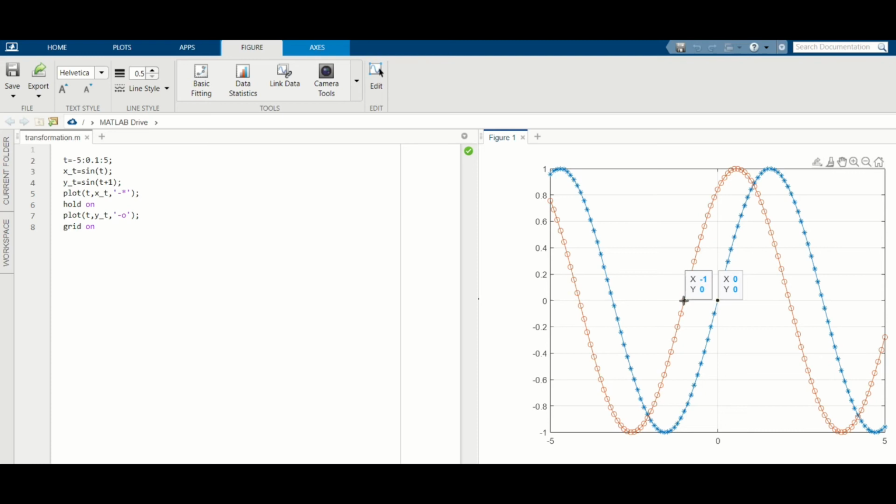So here if you see, now the value is changed to -1 comma 0. So what is it explaining? It is explaining that our transformed signal is delayed by 1 unit as compared to our original signal. So our original signal is given in this blue line, and our transformed signal is given in this orange line.